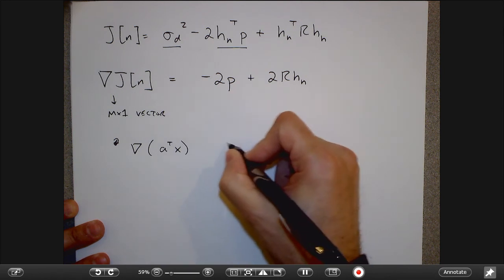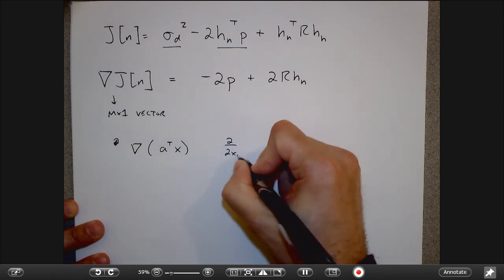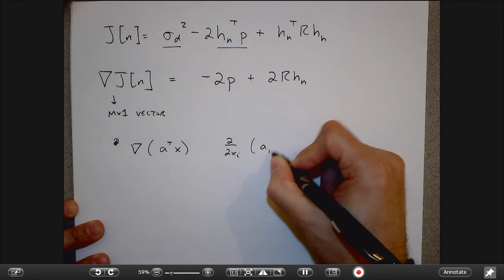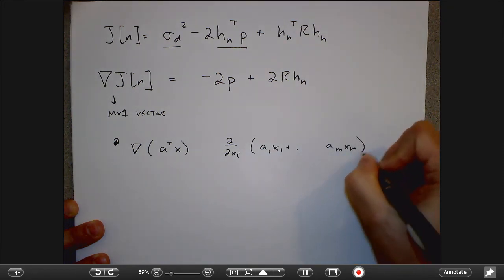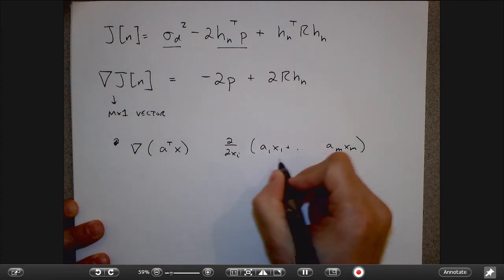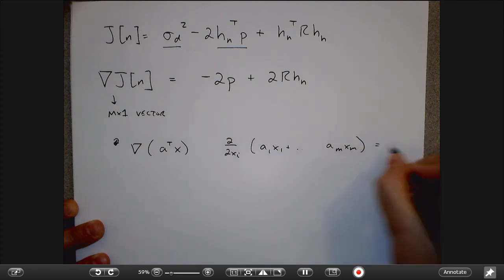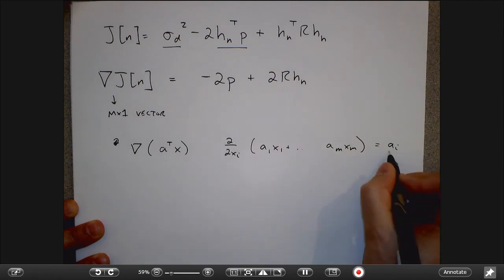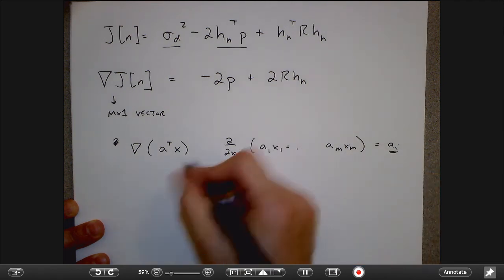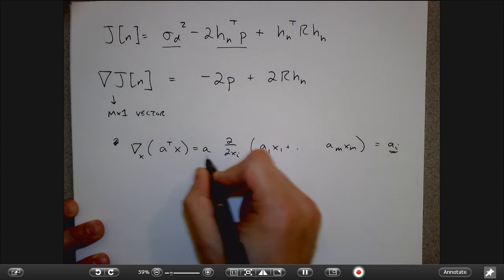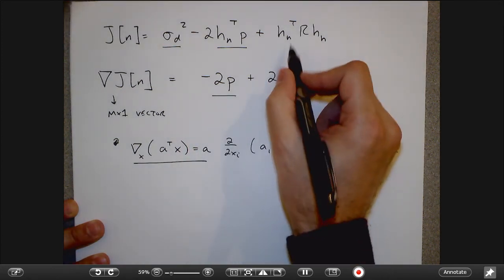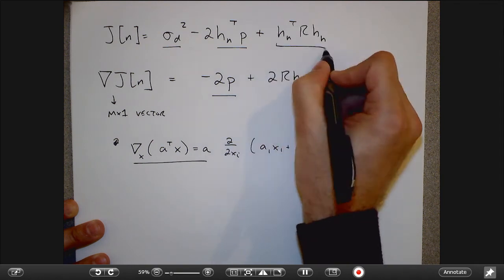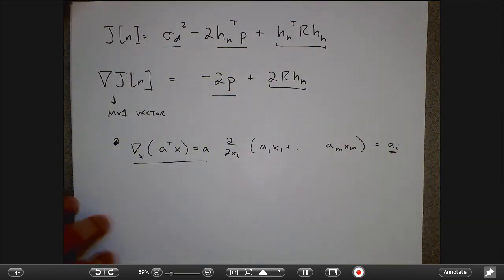That's like saying I take the derivative with respect to x_i of a_1 x_1 plus through a_m x_m, and that's just going to pick off whichever one of these multiplies with this, and so this gives me that this is true. That's why I get this. It's a little more complicated to show why the gradient of this quadratic form gives me this, but if you multiply it out element by element, you can convince yourself why it's true.